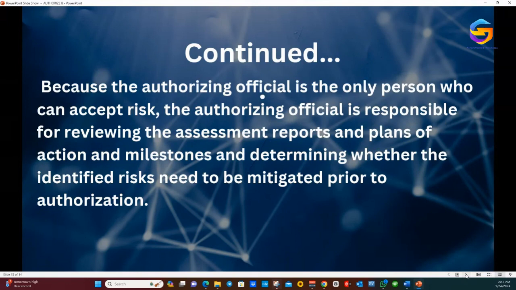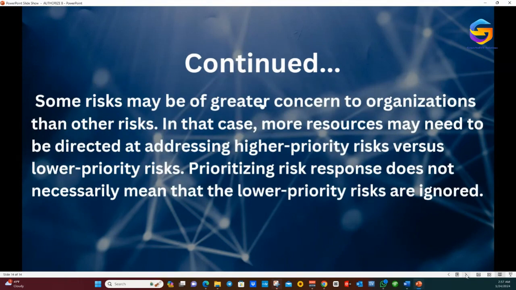Because the authorizing official is the only person who can accept the risk, the authorizing official is responsible for reviewing the assessment report and plans of action and milestones and determining whether the identified risks need to be mitigated prior to authorization.